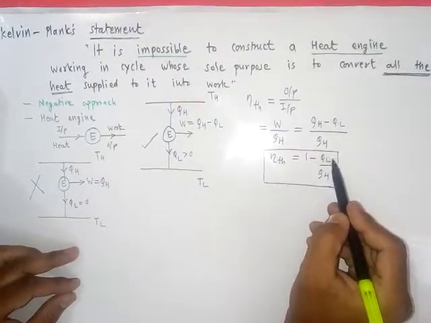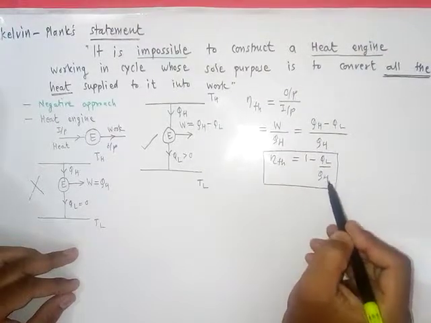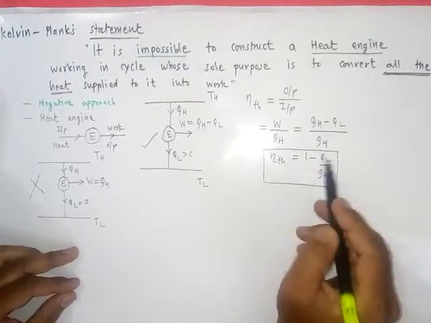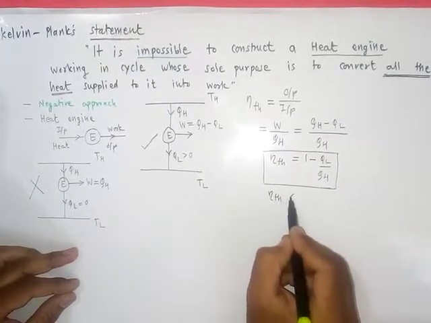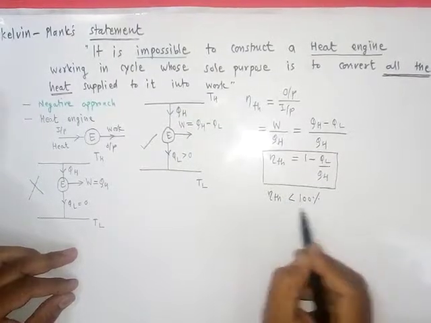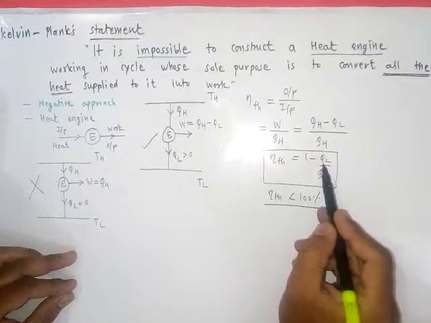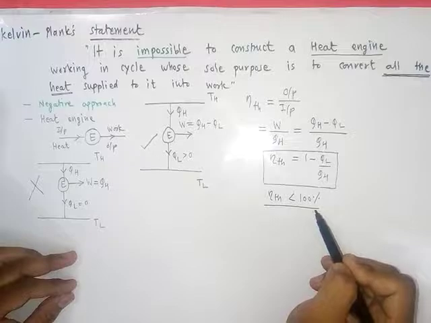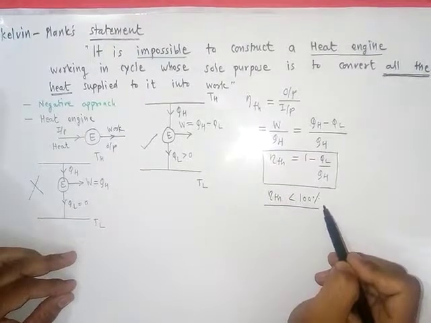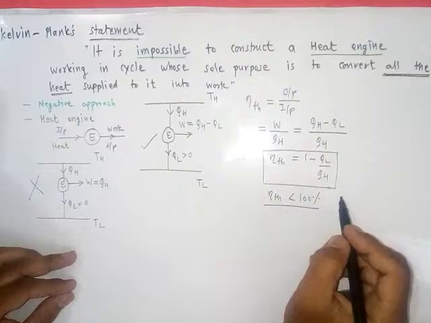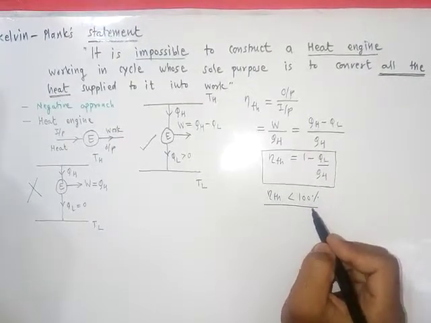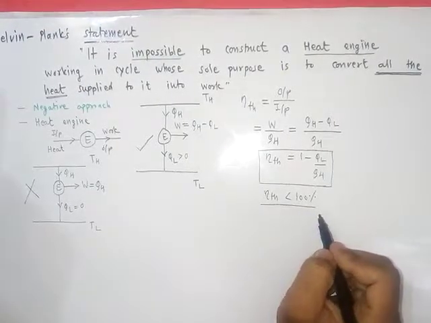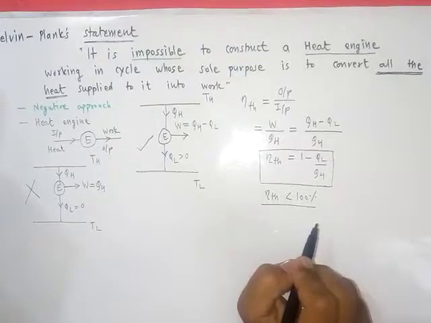That means this term is always positive, so our thermal efficiency is always less than 100%. 1 minus anything positive will result in less than 100% thermal efficiency. This is one of the corollaries of the second law of thermodynamics, which states that it is impossible to have a heat engine which will have 100% efficiency. So this is all about Kelvin-Planck's statement.